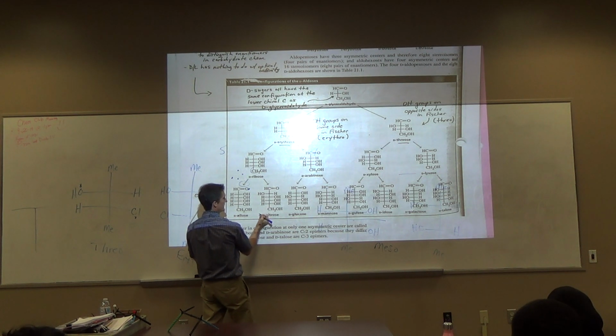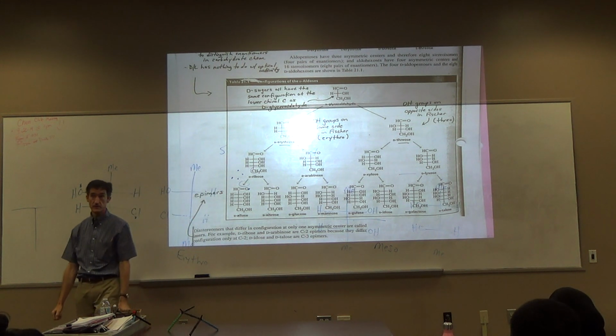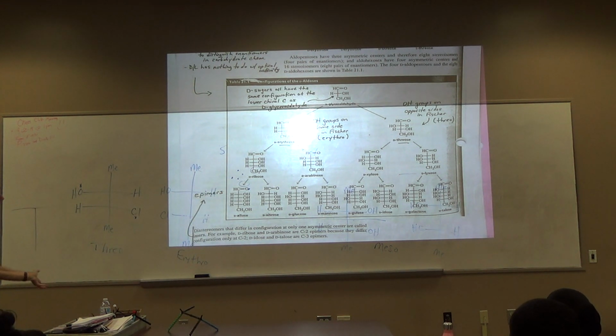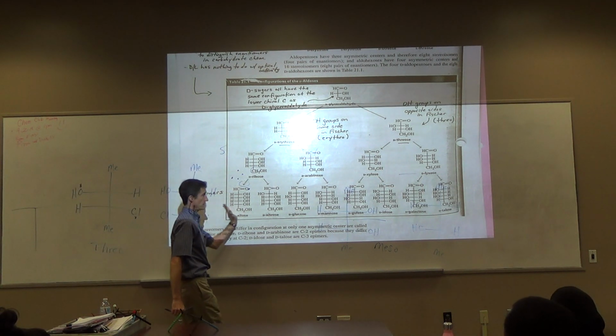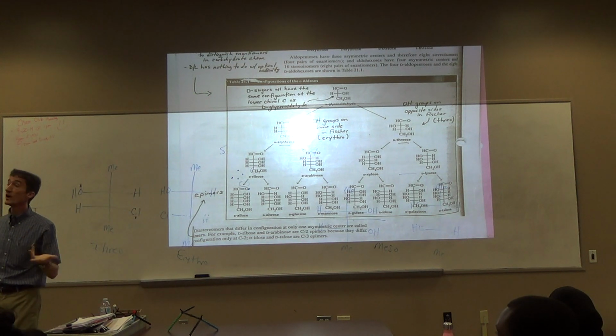And that's different, right? That's been switched and that's been switched, but these are the same? Okay. So are these epimers? No, those are not epimers. But they are diastereomers. And all of those are diastereomers because none of these are enantiomers of each other. These are all diastereomers. Some of them are epimers, some of them are not.